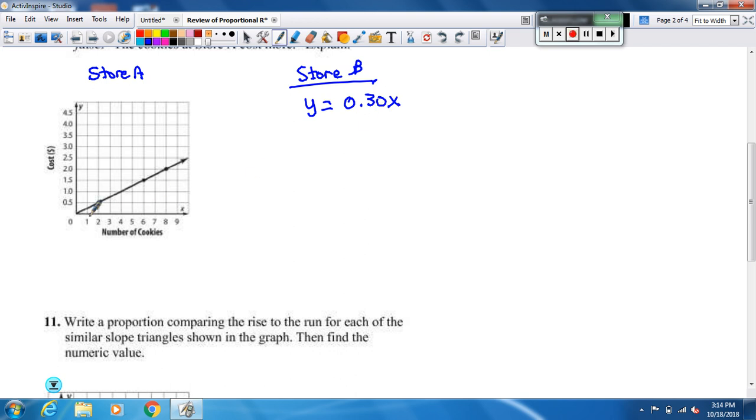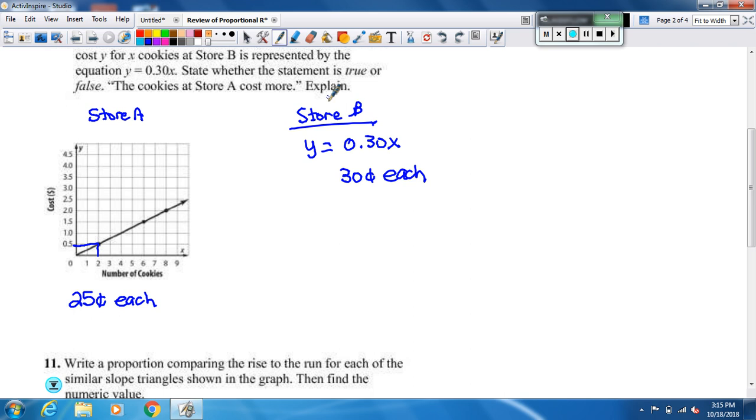And this one, we don't know exactly how much one cookie costs, but we do know that 2 cookies cost 50 cents. So this is 25 cents each. This one says 30 cents each. So let's see what the statement was again. The cookies at store A cost more.